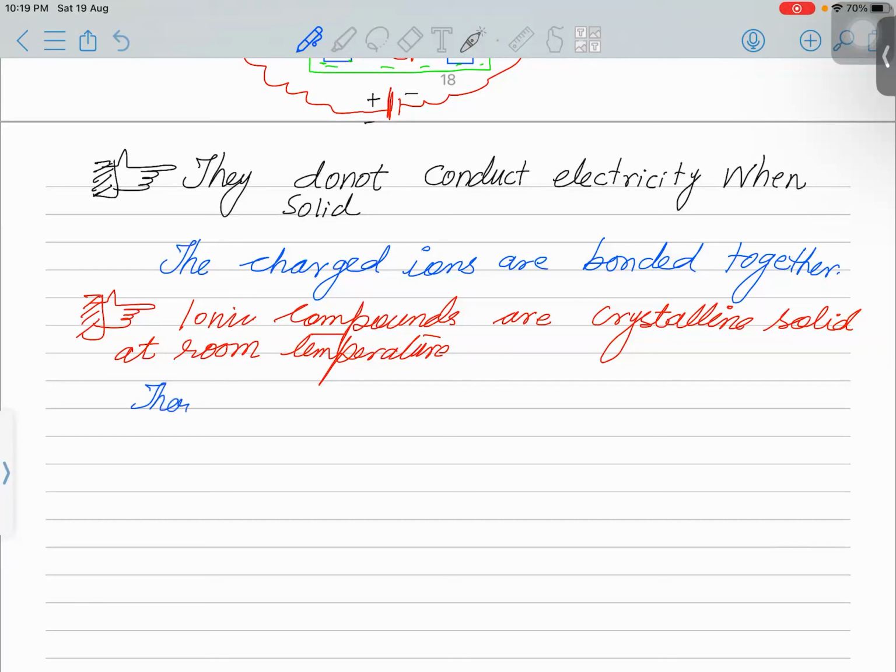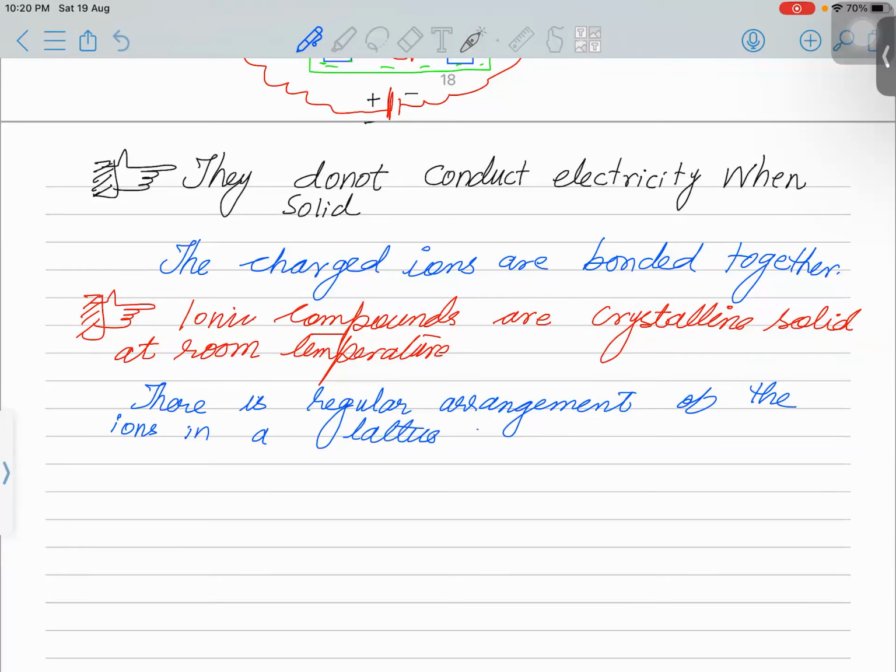Now you know that there is regular arrangement of the ions in a lattice.